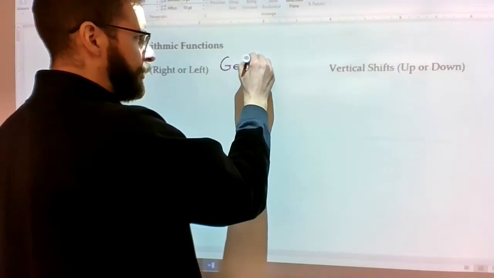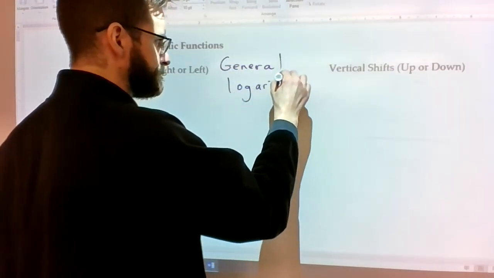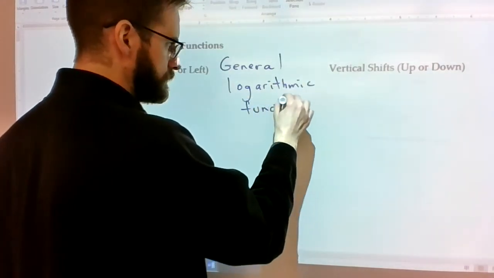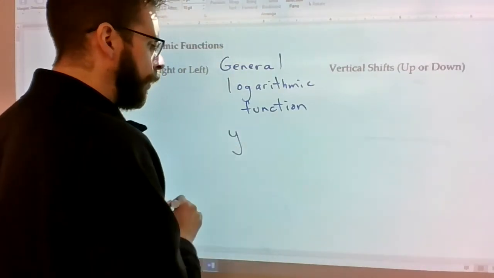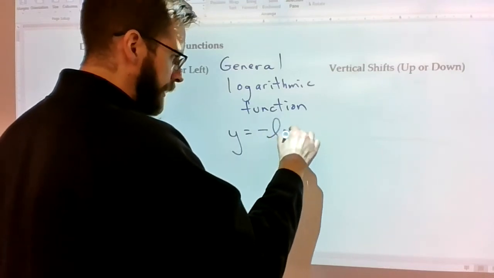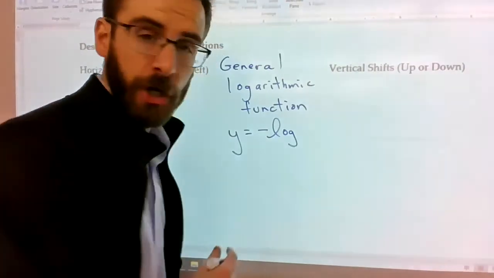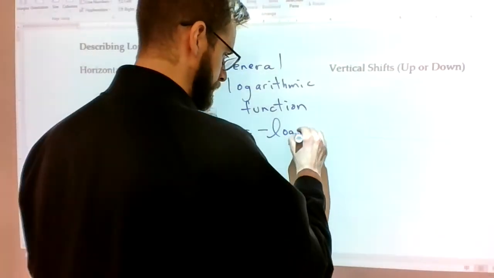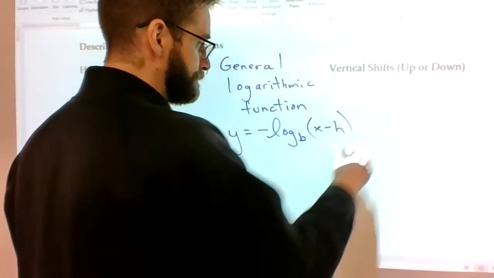So, your general logarithmic function looks like this. Y equals the negative logarithm of, it can be any base you want it to be. I'm just going to call it a generic base b. Guess what?